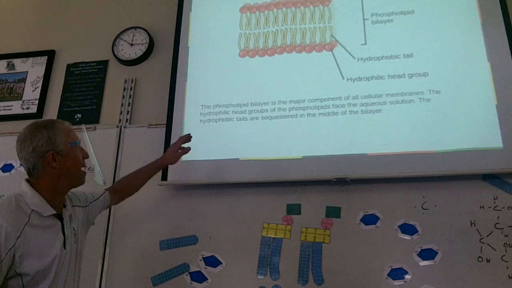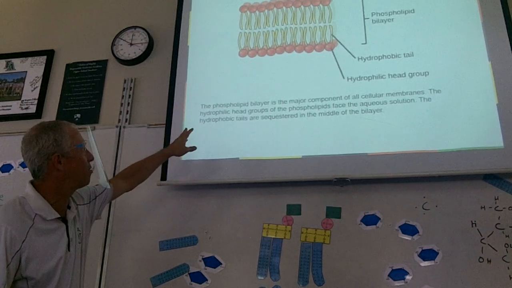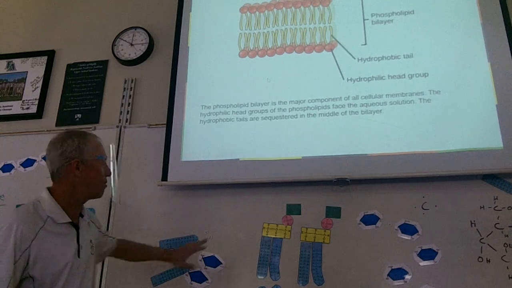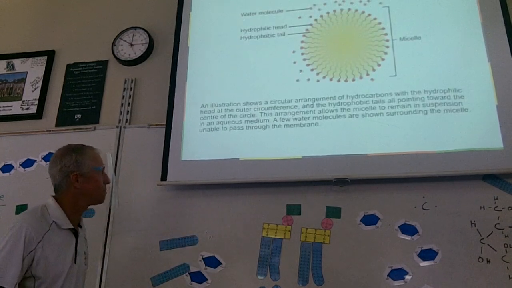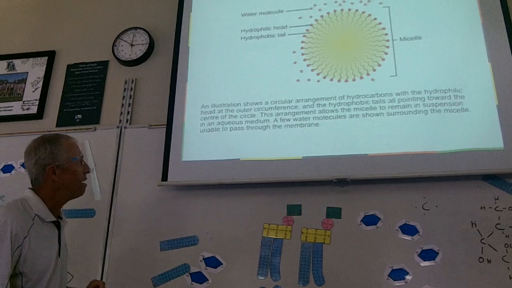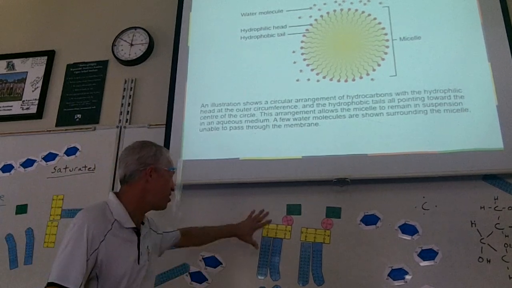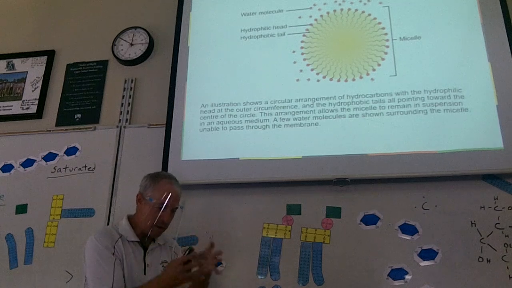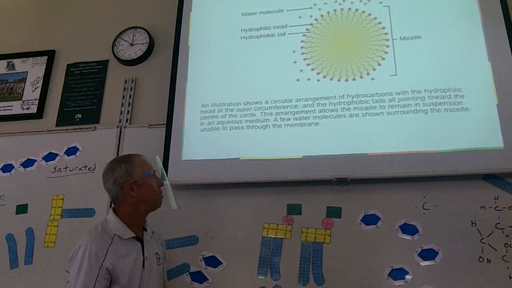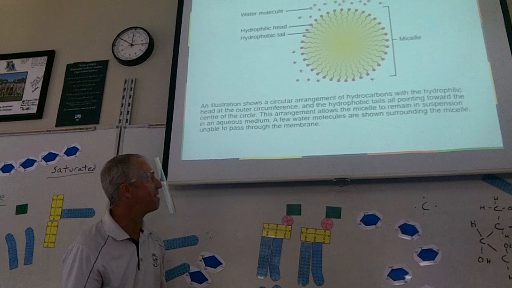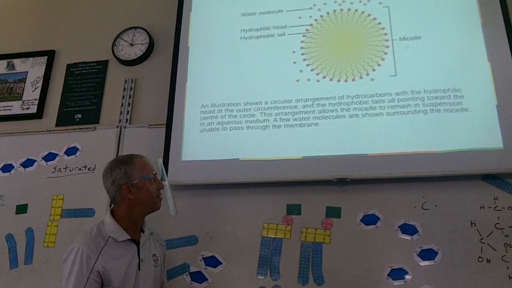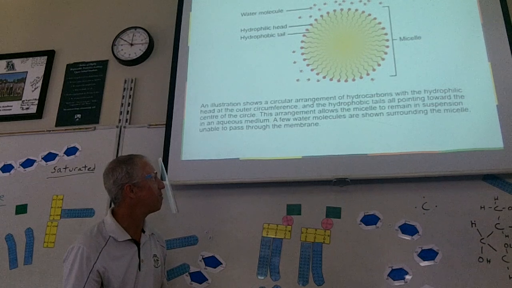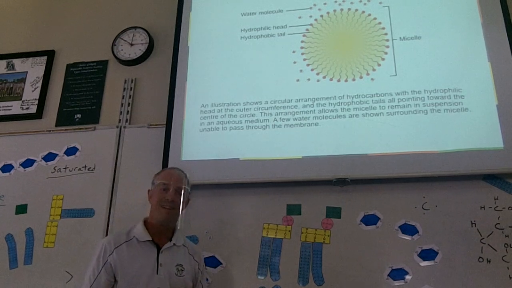Okay, so you can see how a phospholipid bilayer forms in cells. That's what I tried to build here. If you just threw a bunch of these in water, they would naturally form a bubble. It's called a micelle, with the tails pointing inward and the heads pointing outward. And they'll just do that.